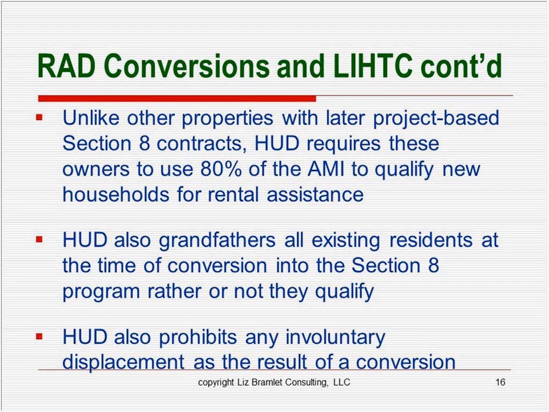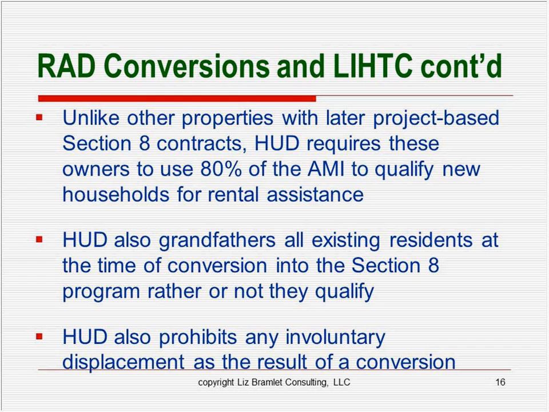And HUD also grandfathers all the existing residents at the time of conversion into the Section 8 program, whether or not they qualify. So if some public housing tenants have income now over 80% of the AMI, when they convert through RAD to project-based Section 8, the rules and the numbers run so that they can qualify for a HAP payment, then they qualify, then they can benefit from everything in the Section 8 program.